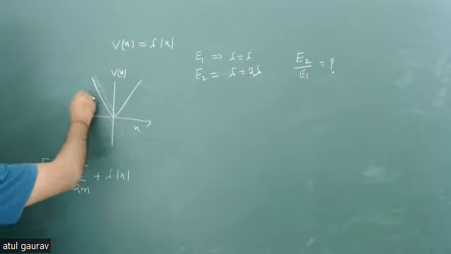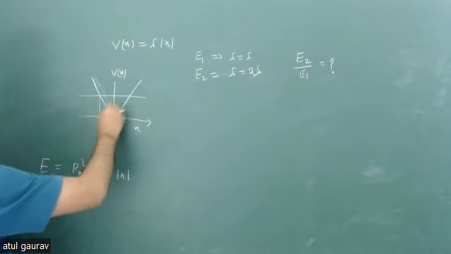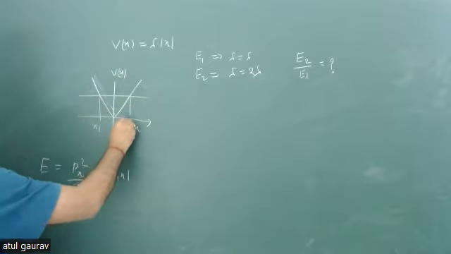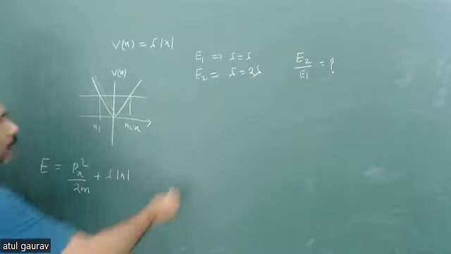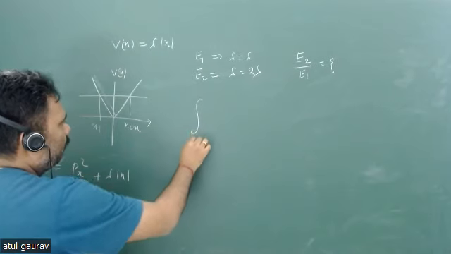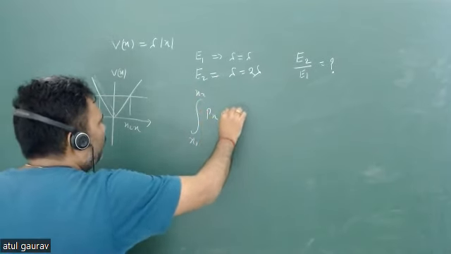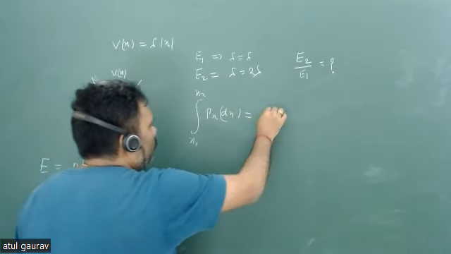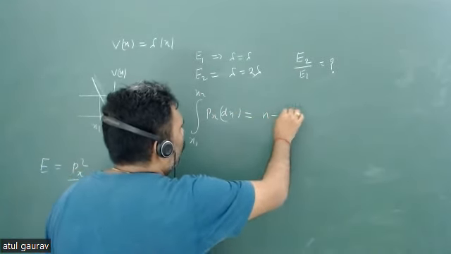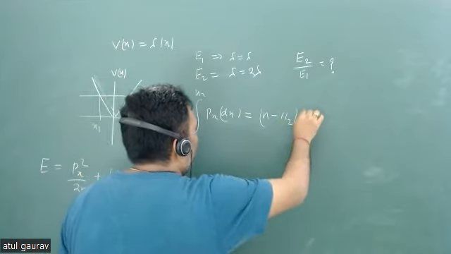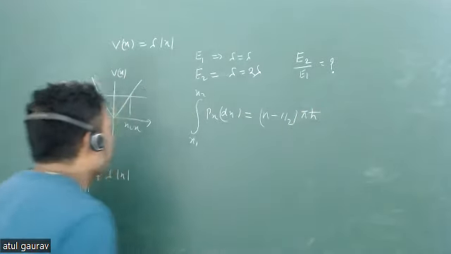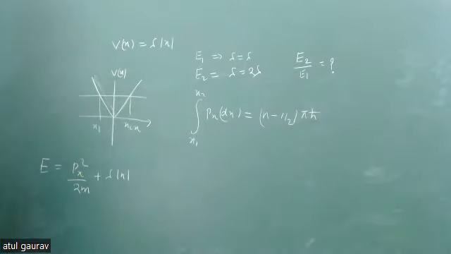So we have to just go for these two values. This is my x1 and this is my x2. So what will be my region? The integral from x1 to x2 of px dx is equal to n. What is this value? N minus half pi h cut. Isn't it? Are you getting my point?